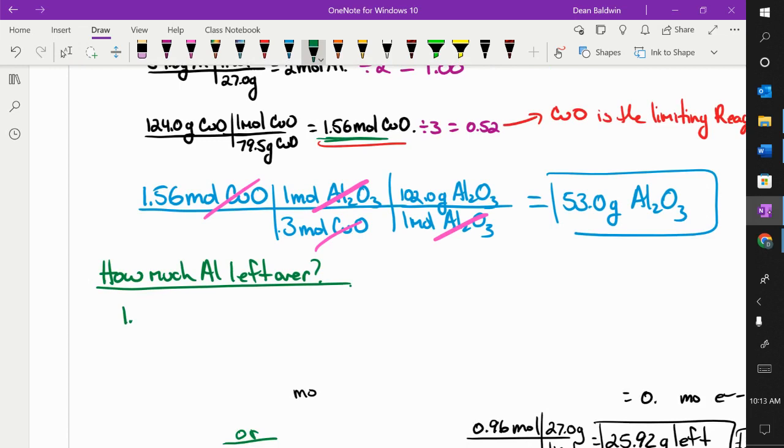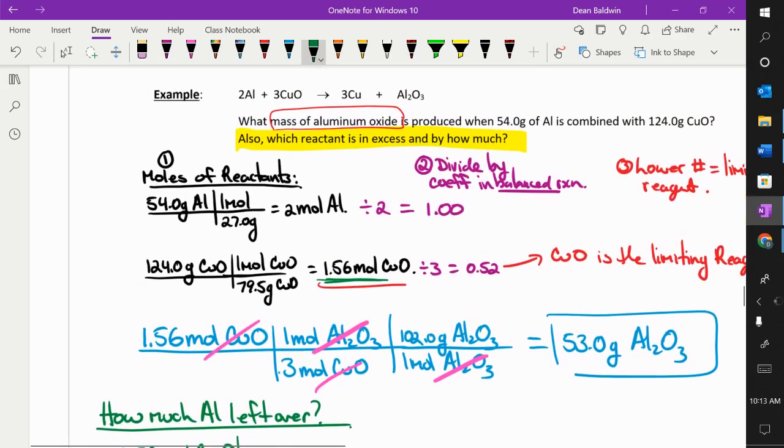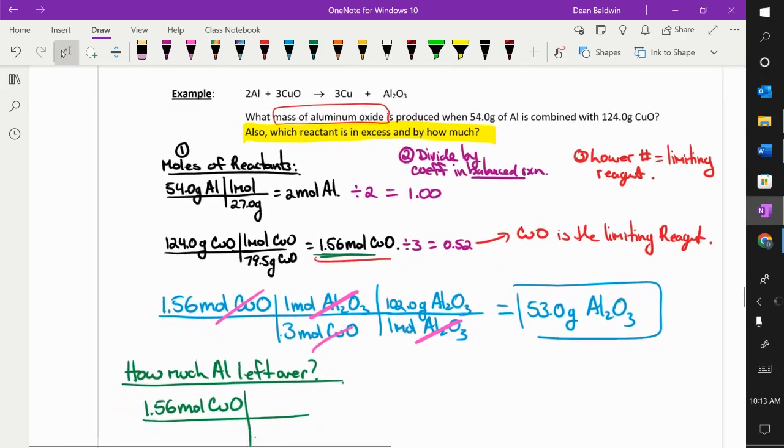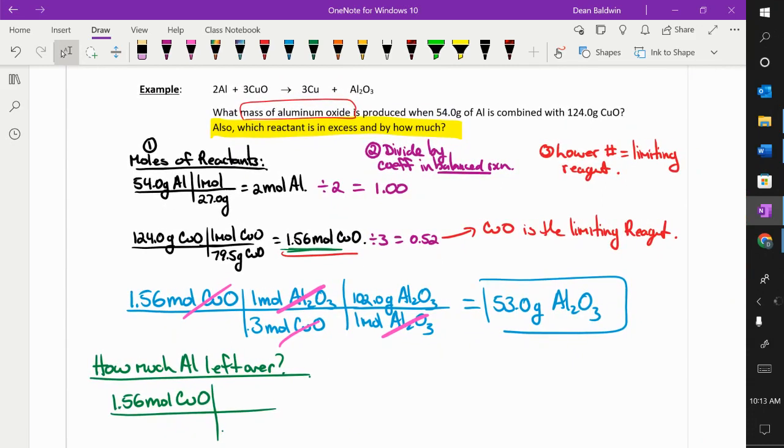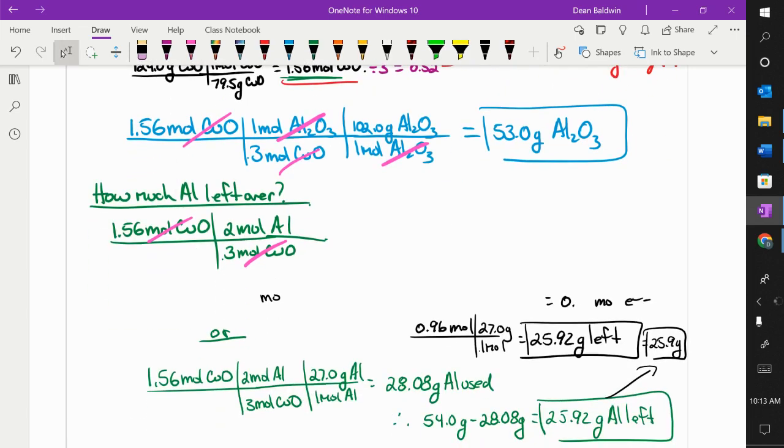So that means we have 1.56 moles of copper oxide. What's the mole ratio in the equation between copper oxide and aluminum? It's 2 to 3. So that means for every 3 moles of copper oxide I have, or react, 2 moles of aluminum are reacted. Okay, so that's going to give me the number of moles of aluminum that is used up.